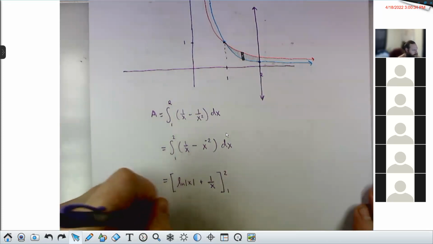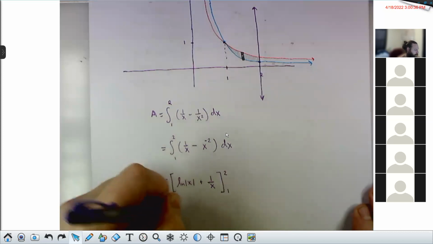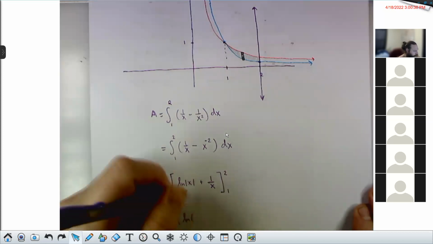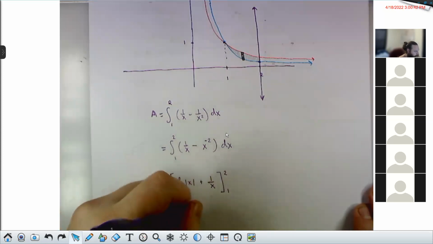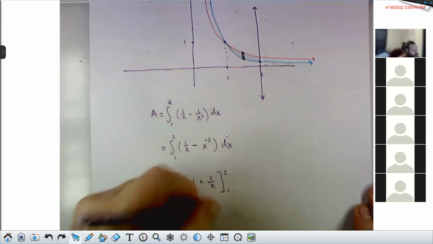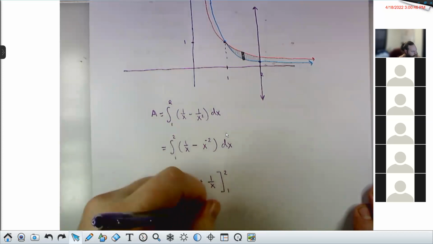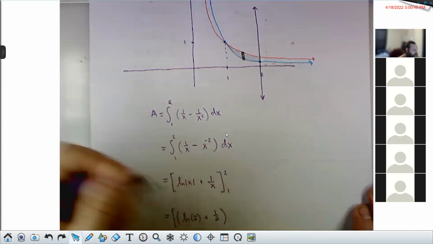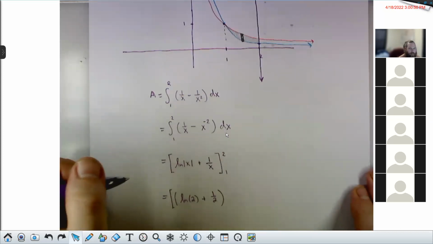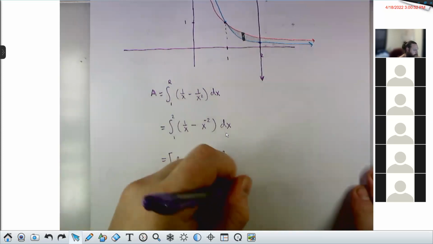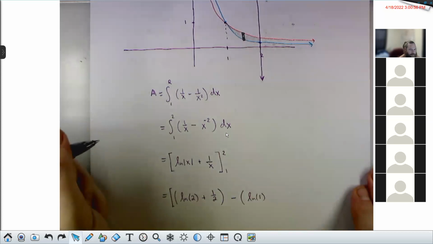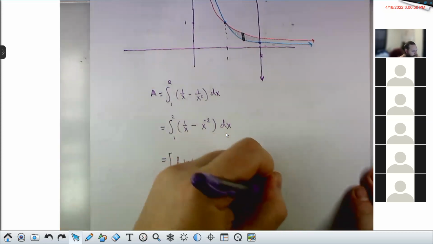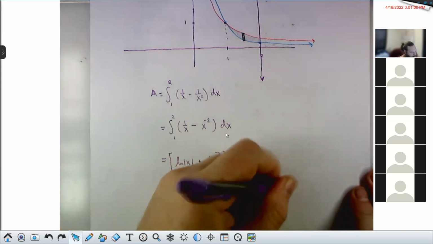At the upper bound, we get the natural log of the absolute value of 2. Well, the absolute value of 2 is just 2, plus 1 over 2, or 1/2. And then I need to subtract from that the natural log of the absolute value of 1, which is just the natural log of 1, plus 1 over 1, which is 1.